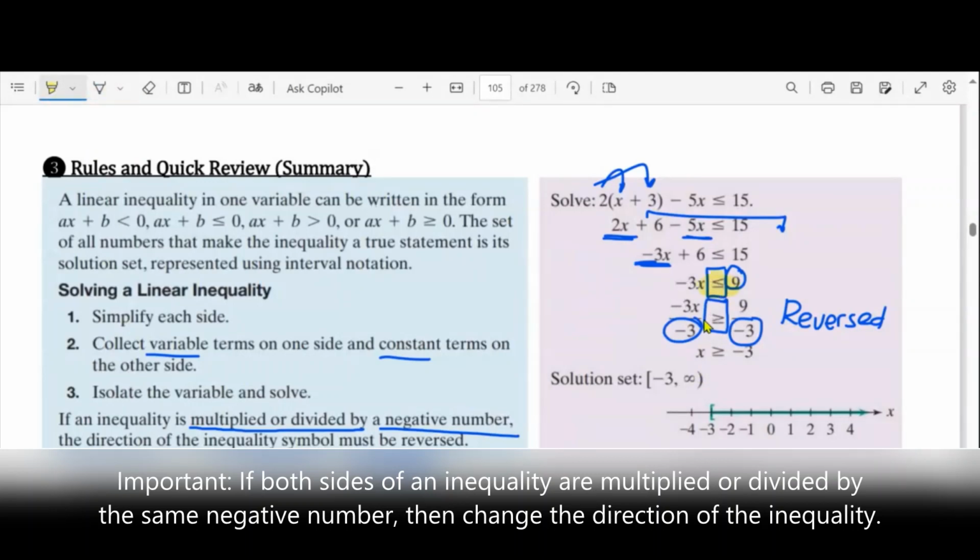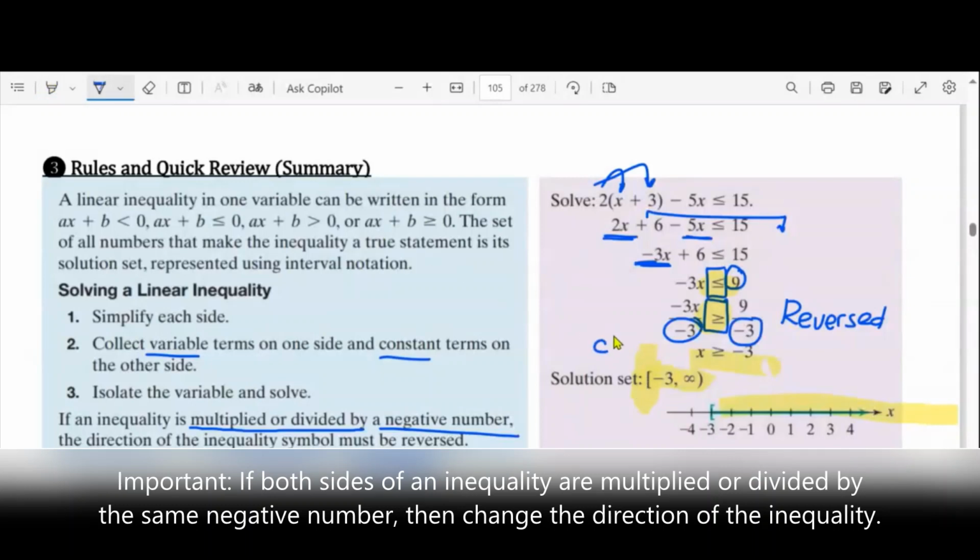So here this one is different than this one. So now your answer is x is greater than or equal to negative 3. Do you see the direction? It is going to the right side. So it's from negative 3 to infinity. And what about closed or open?